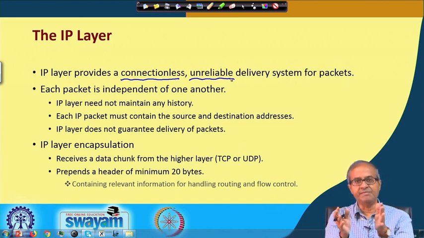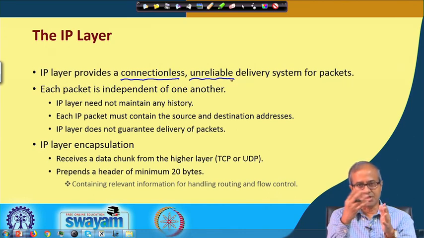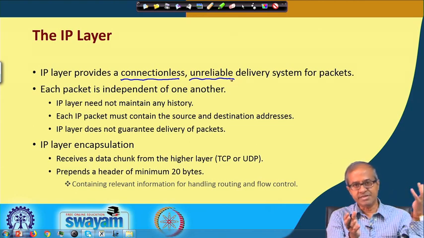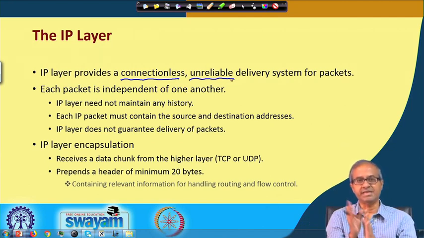Now, in every intermediate node there will be something called a routing table. This we shall be discussing later in detail. With respect to the routing table, these IP packets will be coming, they will be compared against it and they will be forwarded to one of the outgoing links in a suitable manner.